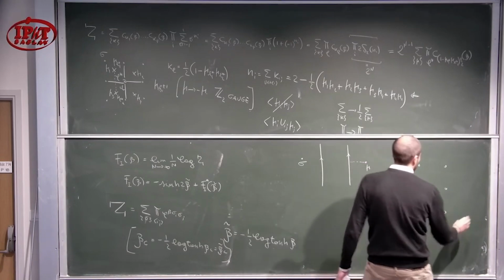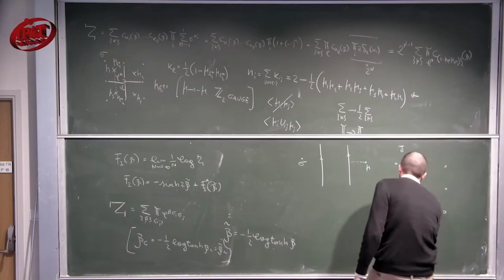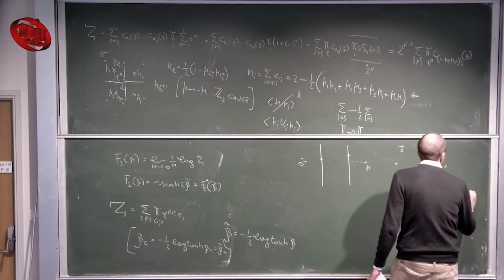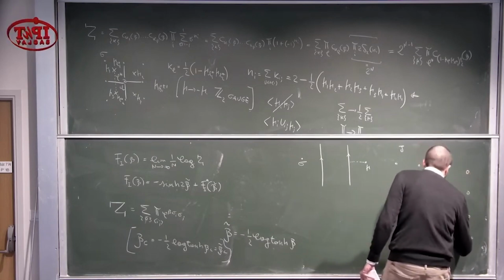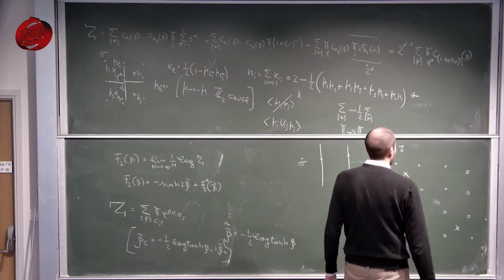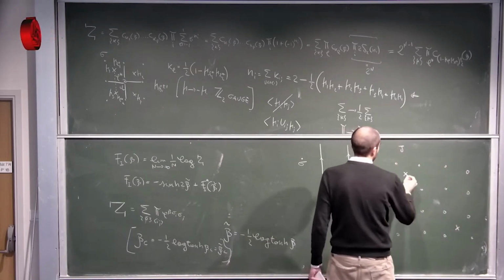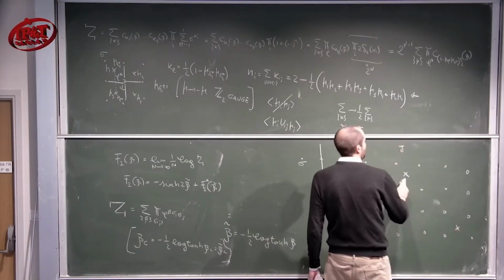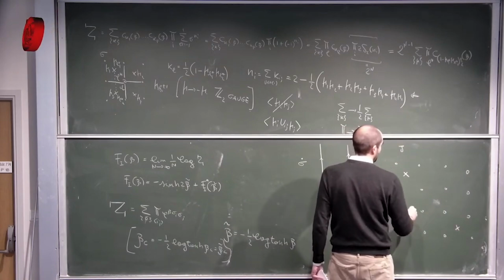Let me make it a bit bigger, because I need to draw a path. Now draw the dual lattice, and you want to compute, say, the correlation functions between the spins in this dual lattice.